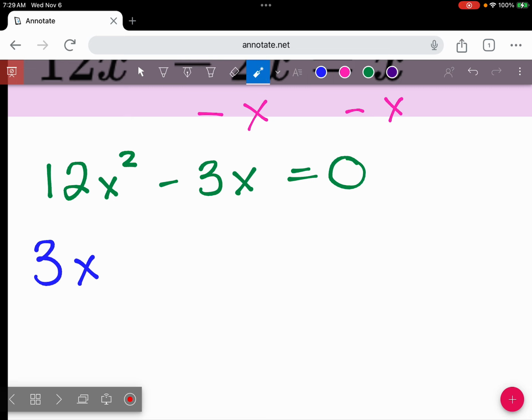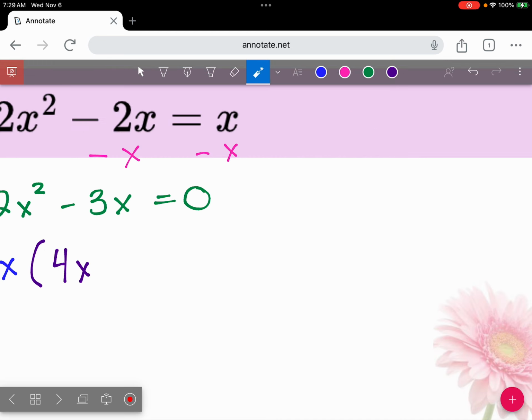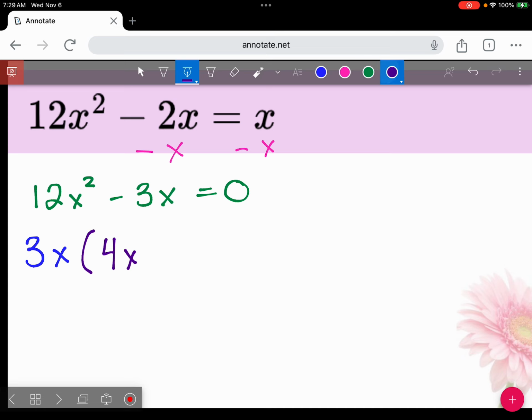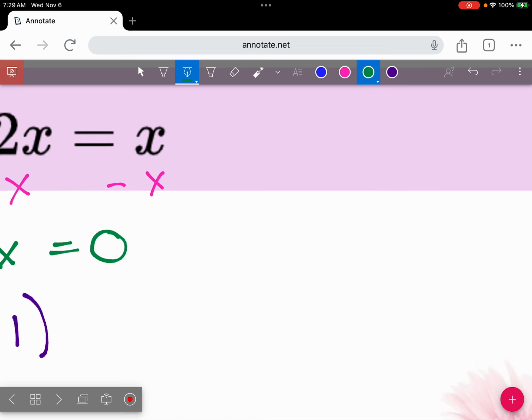If I divide the 12x squared by 3x, what do I get that's left over? 4x. If I divide the 3x by 3x, what do I get left over? Nothing. Not 0. 1. Negative 1. So when we're looking at GCFs, what we're really doing is kind of baby fractions.